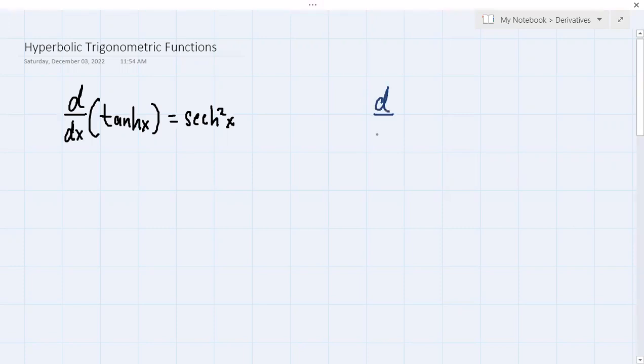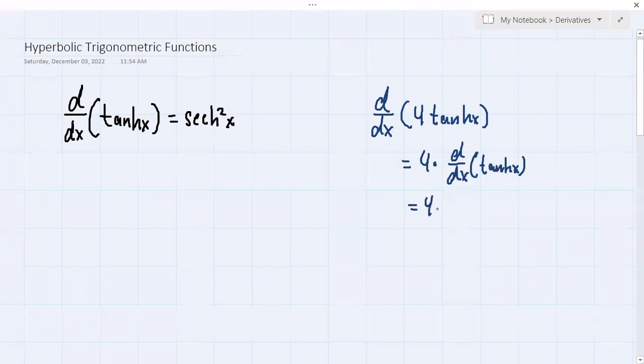So let's just say we have the derivative of 4 times tangent hx. So dito, you will have 4 times the derivative of tangent hx. So the derivative of tangent hx is secant h squared x. So therefore, meron tayong 4 secant h squared x.